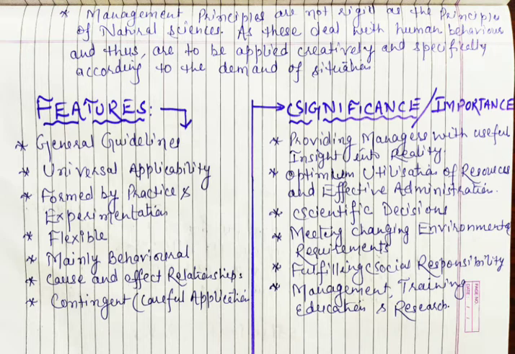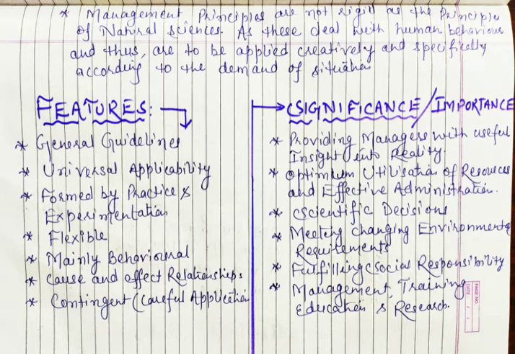For example, there is one principle in management, that is unity of command, according to which if one person is receiving orders from his immediate boss, then he can fulfill all his duties. He will obey and do his targeted task. But if he is getting orders from so many bosses, then he will not be able to complete anyone's work.